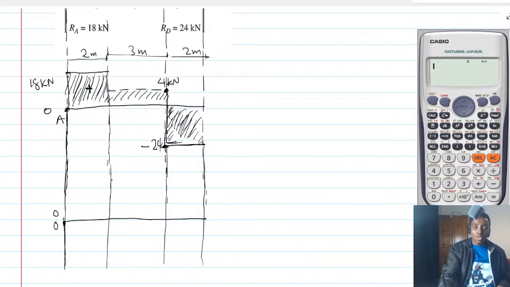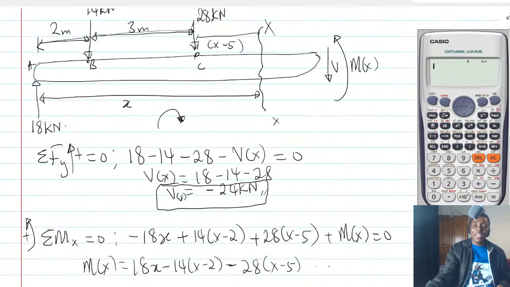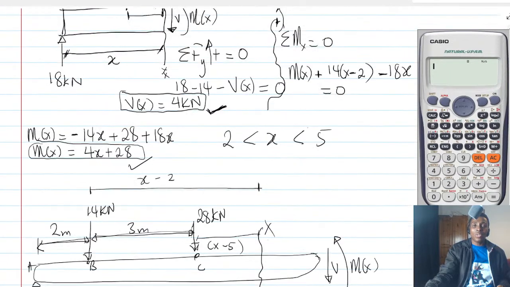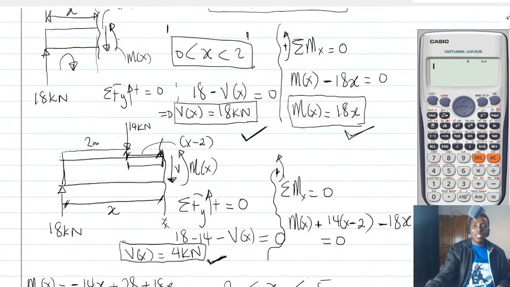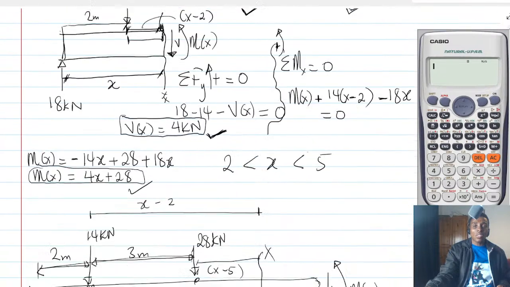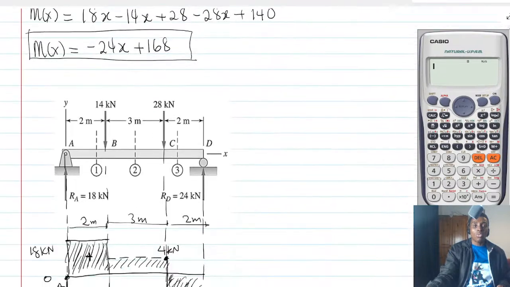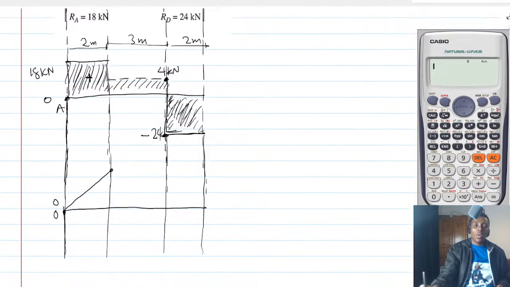Okay. So this is equivalent to drawing a line. Because if I have 18x, then it is like saying that I have got a line with a slope of 18. And then x is going to change from 0 to 2. Alright. Then I am done with from 0 to 2.